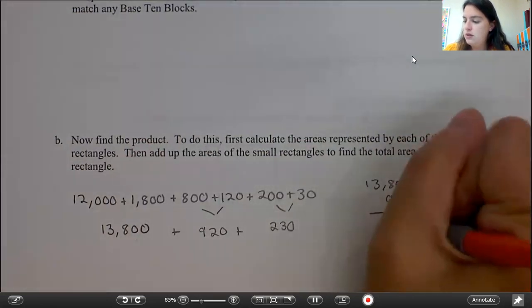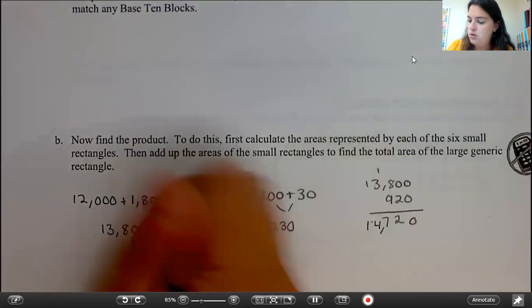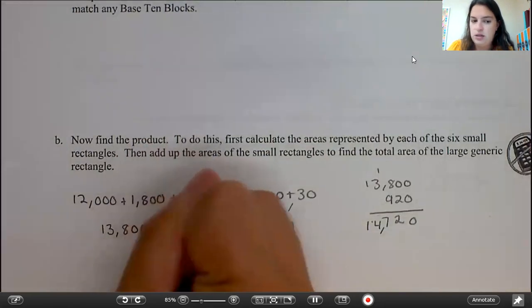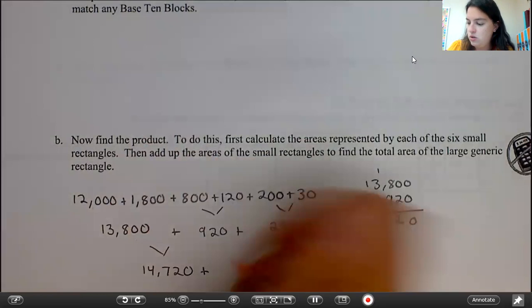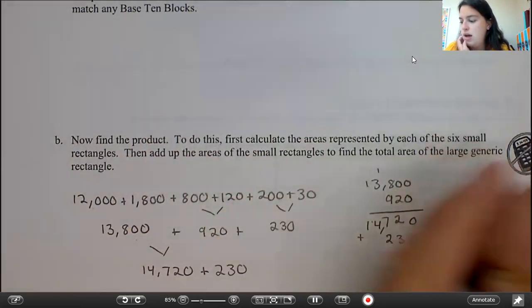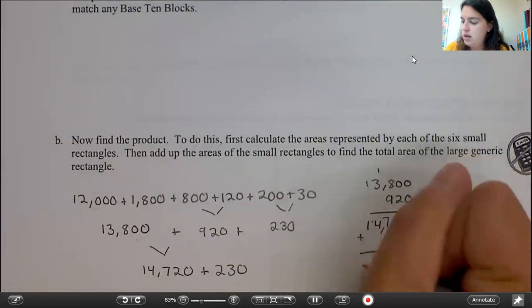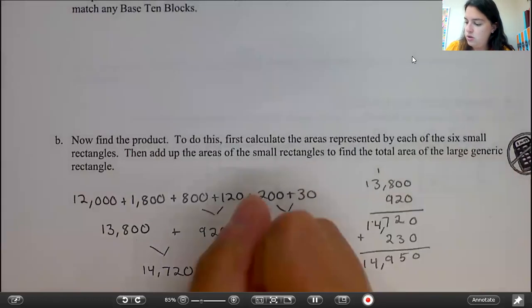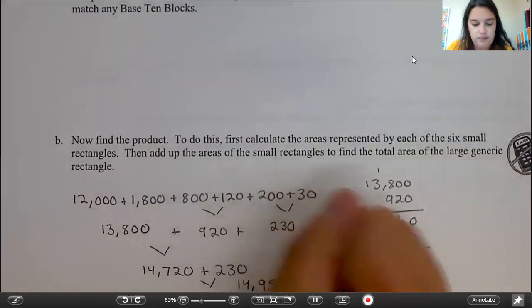That'll be 14,720. Plus 230. So if I add another 230 onto that, our total would be 14,950.